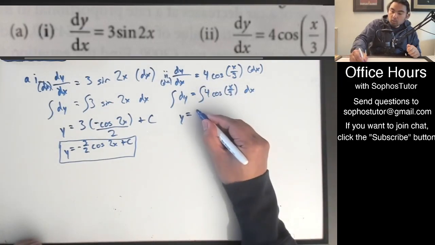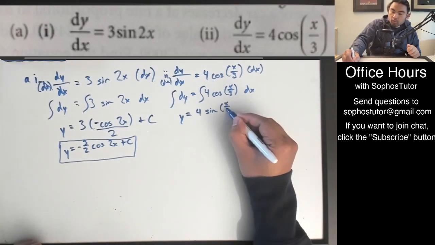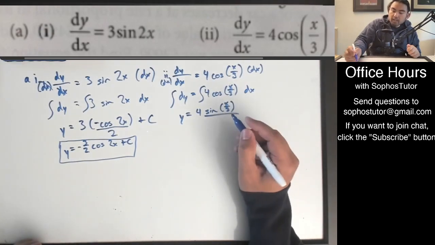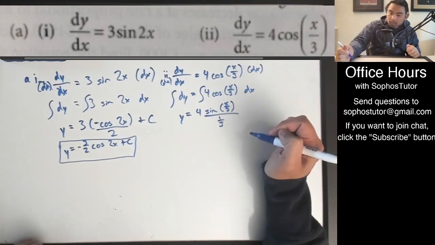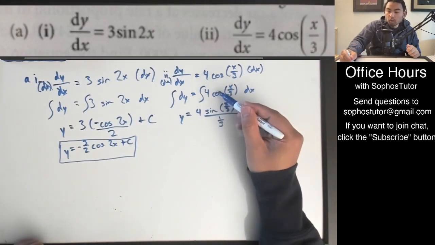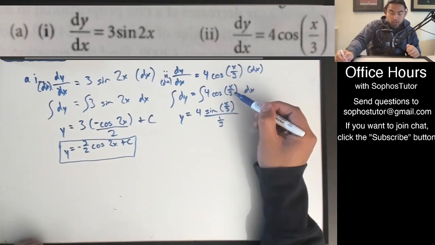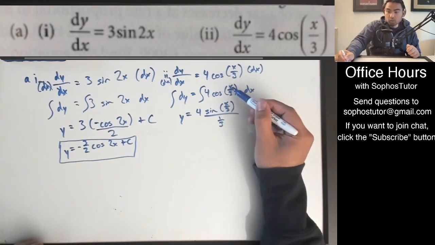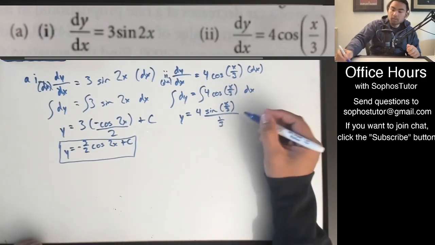On the right side, we will get 4 sine of x over 3 divided by 1/3. Again, if we were to take the derivative of this function, we would get 4 cosine of x over 3 times 1/3 because of the chain rule. The derivative of x over 3 is 1/3, and that would cancel out this 1/3.